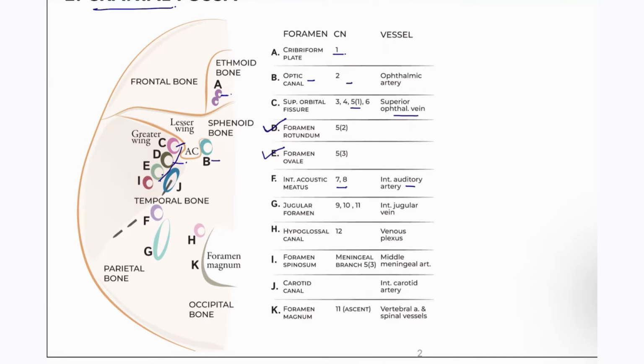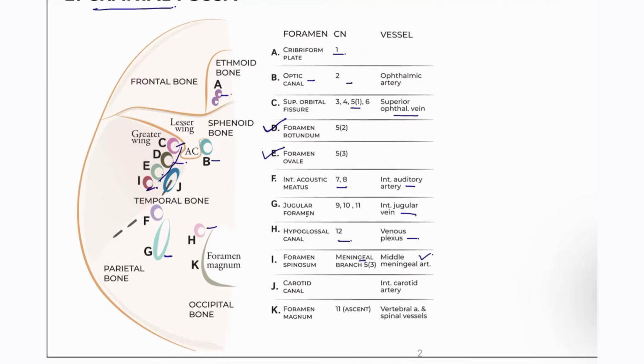Next, jugular foramen. Here you can see this is the jugular foramen, where the internal jugular vein along with the 9, 10, 11 cranial nerves will be passing. Next, hypoglossal canal: there will be a venous plexus and the 12th cranial nerve. Then foramen spinosum: meningeal branch and also the middle meningeal artery. Okay, this is the foramen spinosum.